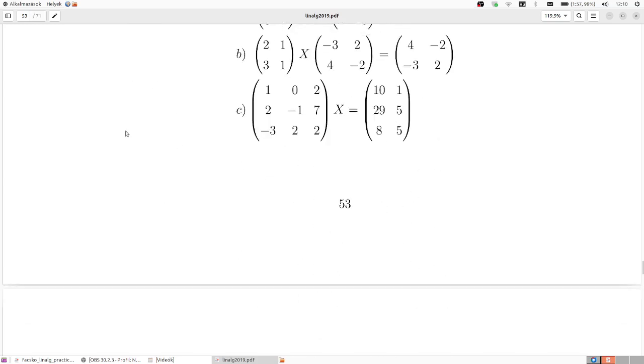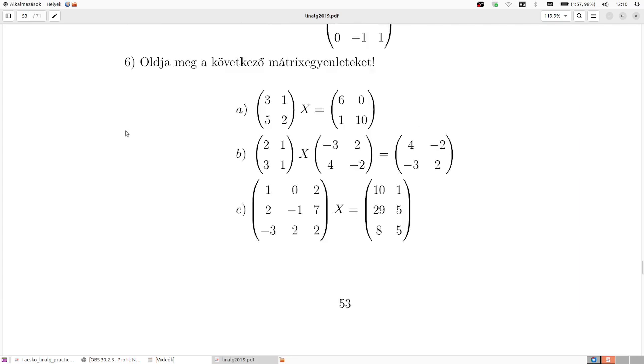So I will solve the exercise 6b. If you are bored or if you don't want to listen, then start to do the exercise C. So these two exercises I want to solve first. No, first I want to drink my coffee.